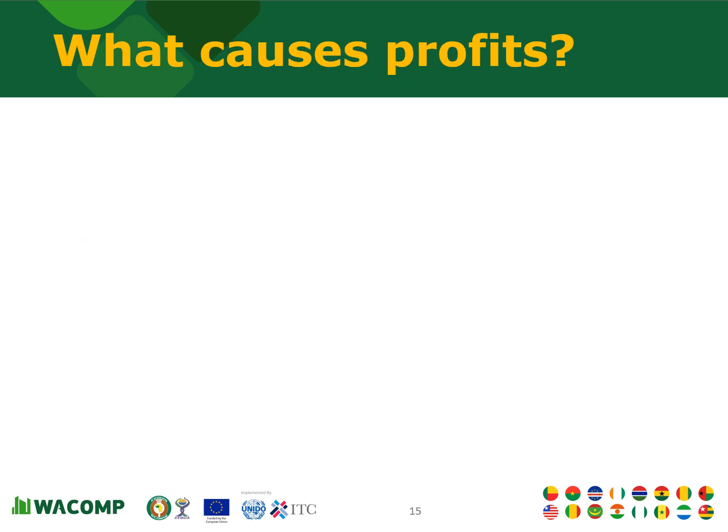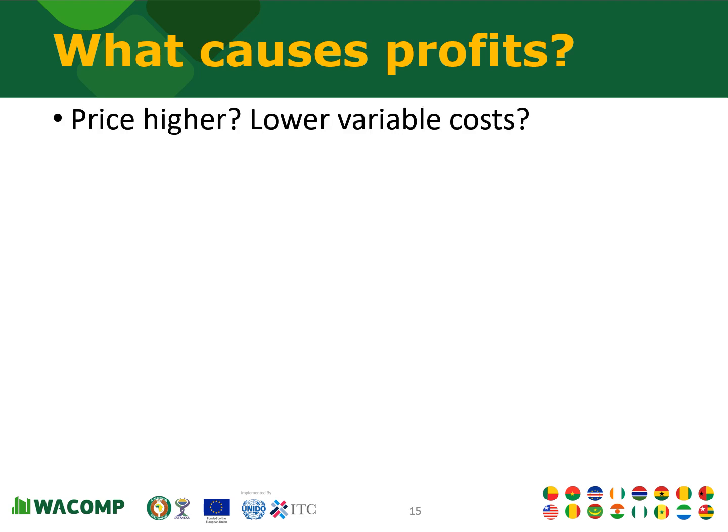Now that you know about the 4 parameters that affect profit before tax, I can ask you, what causes profits? A higher price? Lower variable costs? Well, that depends. If a lower VC results in lower quality, your sales price may go down and you may have gained nothing.